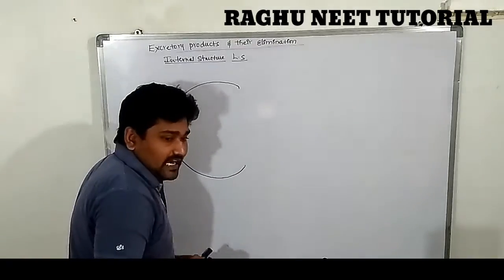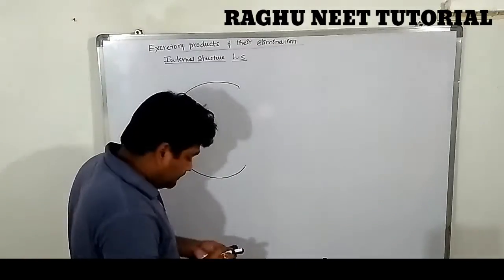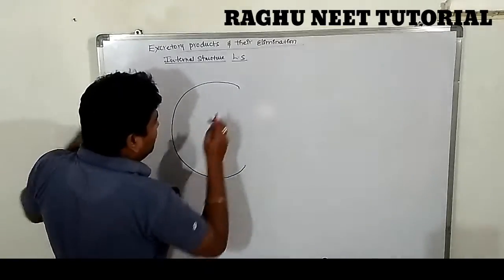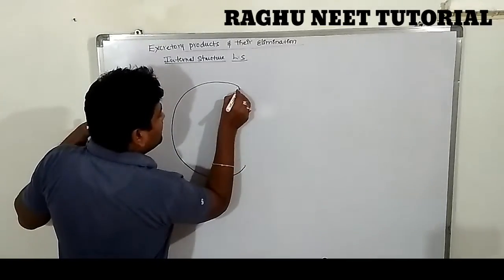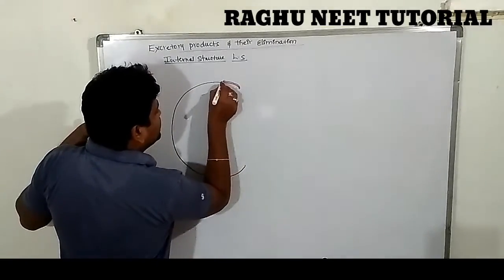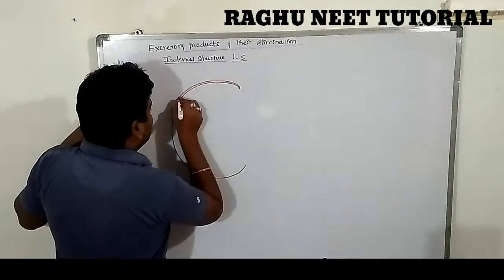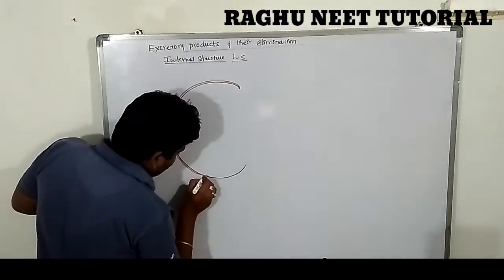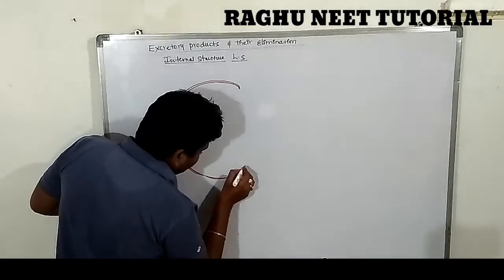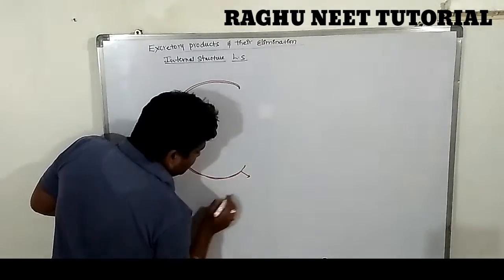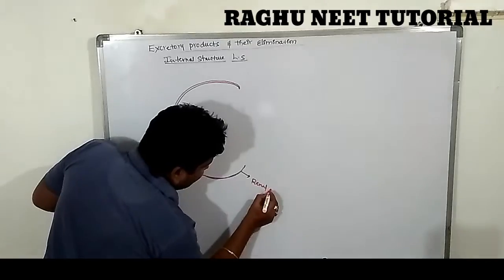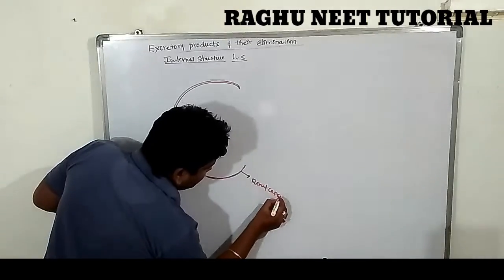From inner to outside, the kidney is first covered completely by the innermost covering layer, which is known as the renal capsule.